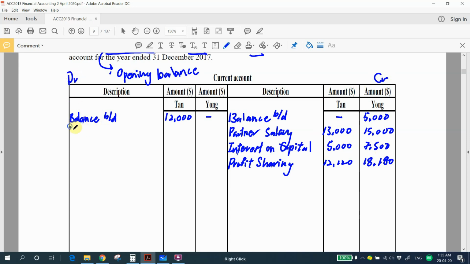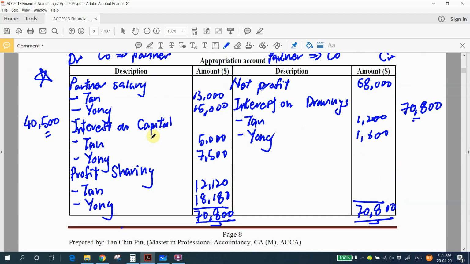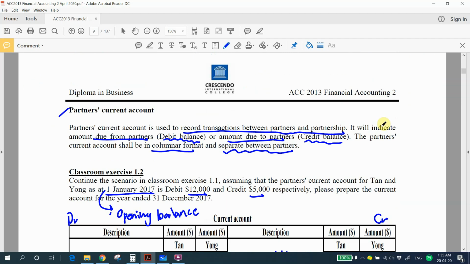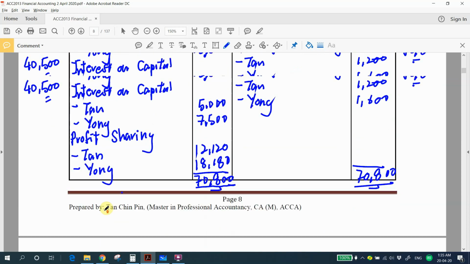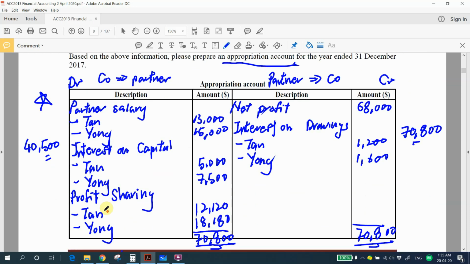First of all, interest on drawing, $1,002 and $1,006. Next, we record drawings. Drawing is 15,000 and 20,000.